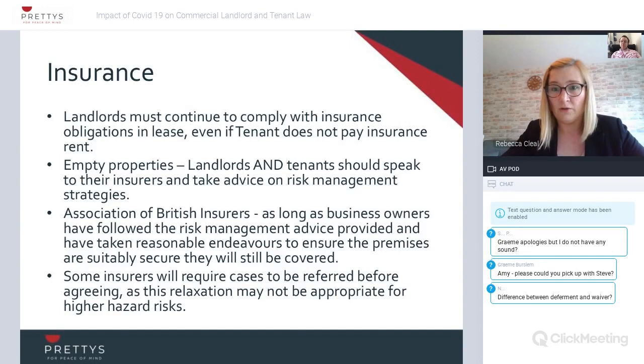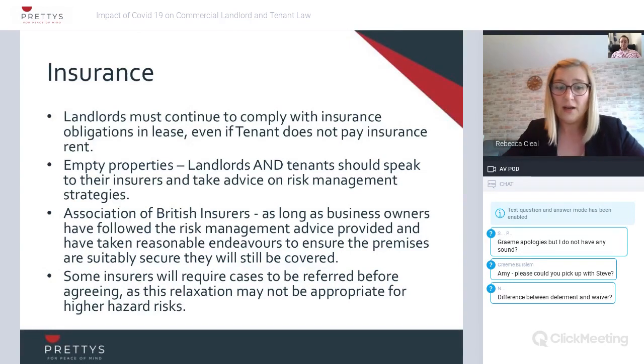So you don't want to find yourself in a situation where your buildings insurance has been vitiated because the tenant hasn't been in occupation for that relevant period. I checked with the Association of British Insurers, and their advice is that as long as business owners have followed the risk management advice provided by their insurer and have taken reasonable endeavours to ensure the premises are suitably secured, then they will still be covered.